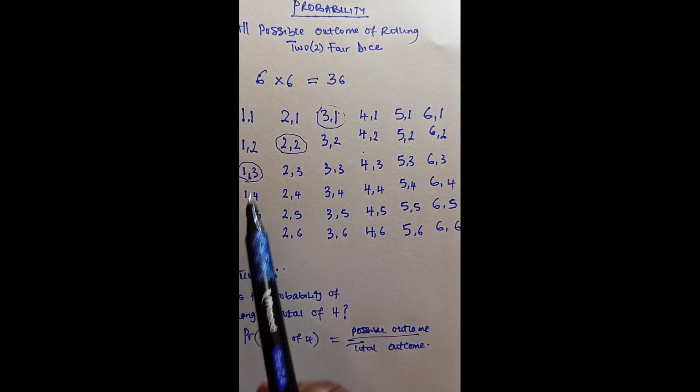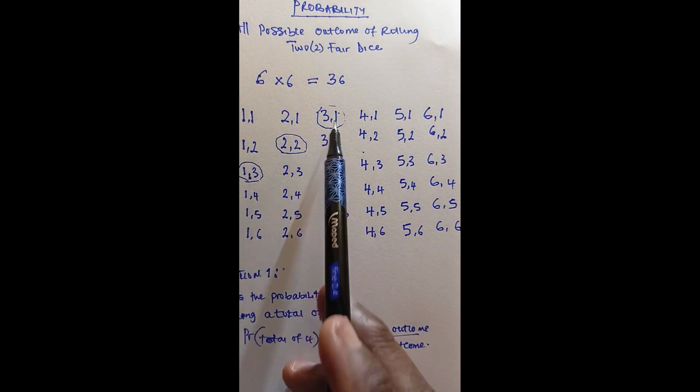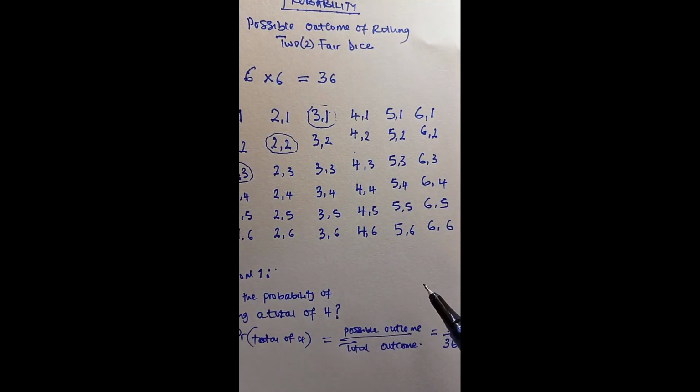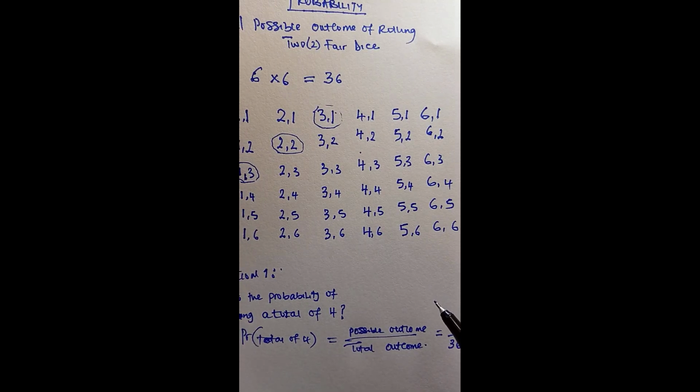Now the possible outcomes are 1, 2, 3. So we have 3 all over 36, because this is 36 from the sample space.